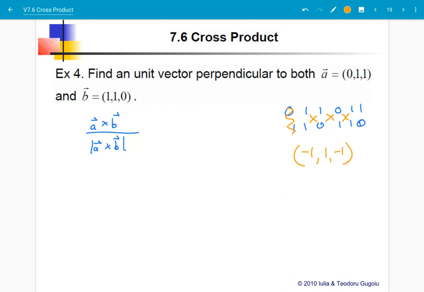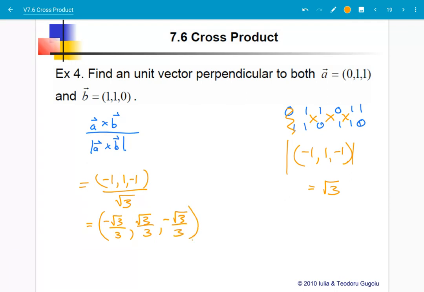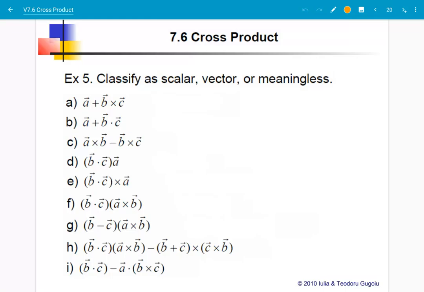The magnitude of this, of course, is root of 3. So what we have is -1, 1, and -1 over the root of 3. We rationalize that. So negative root 3 over 3, root 3 over 3, negative root 3 over 3. There we go. And then final example, example 5.